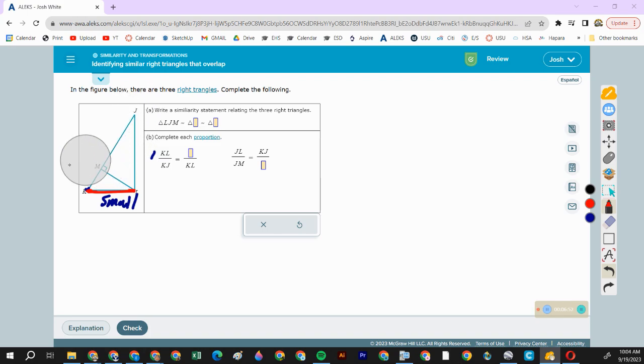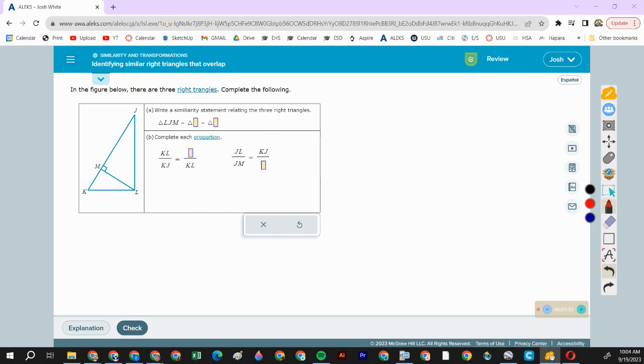Okay, so small divided by long. And then over here, the long side is KL. So which triangle has KL as the long side? It would be the smallest triangle. So I need the small side of the smallest triangle, which is going to be KM. Does that make sense?